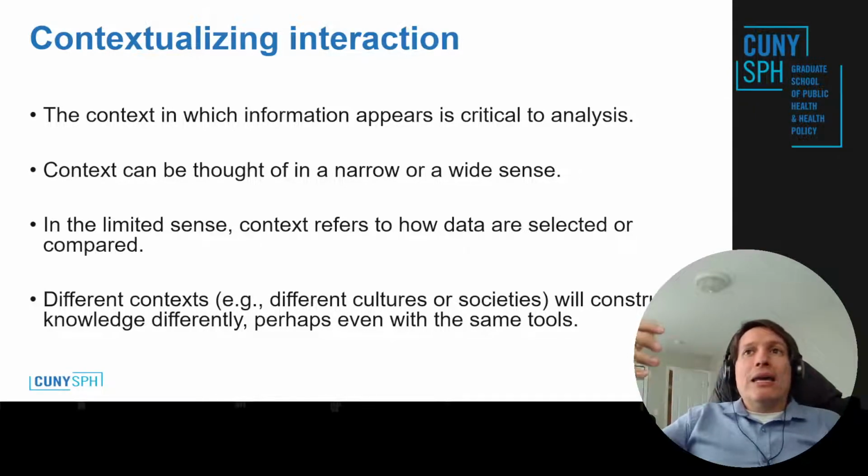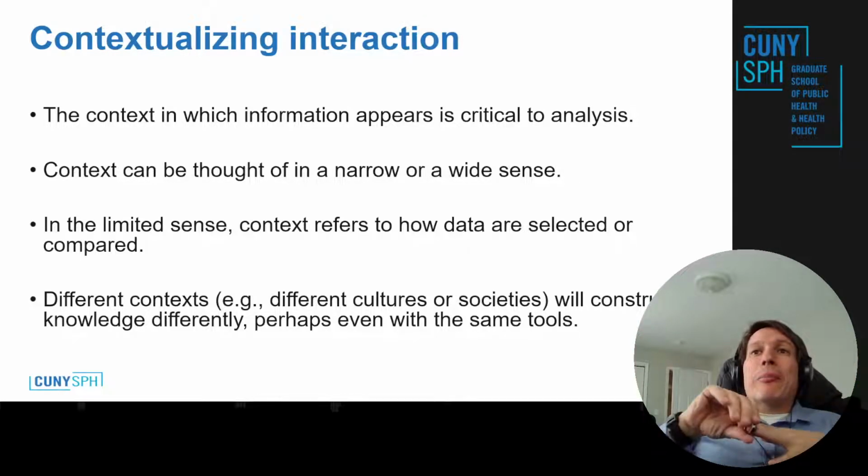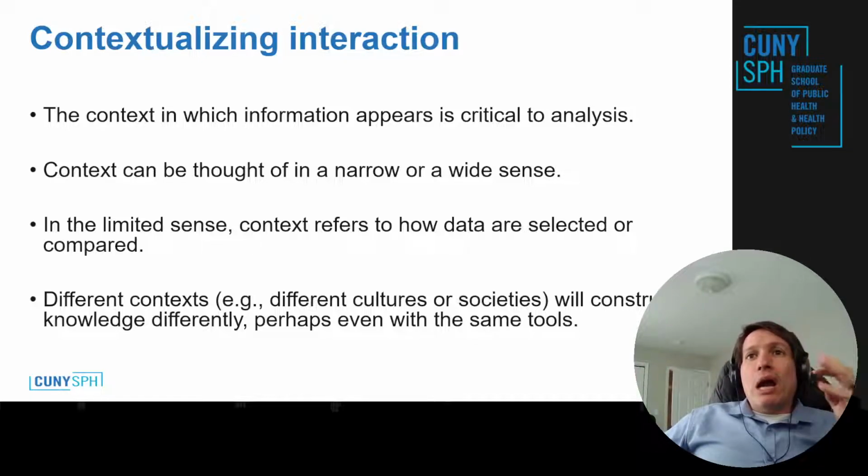And that's why creating the right context and providing the right context, or highlighting that context, is really important, because different contexts are going to create different conclusions, even if you are using the same data visualization tools. And we need to be clear on that.